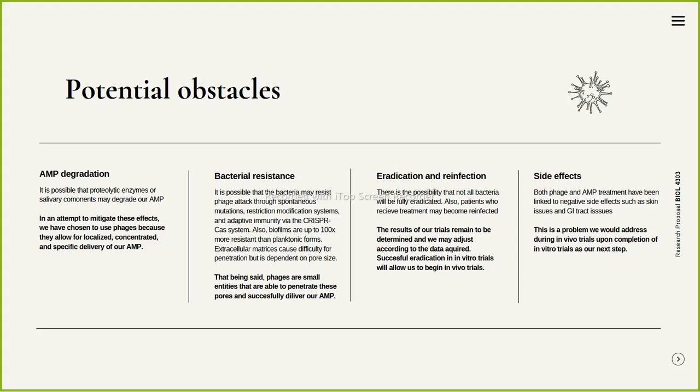Things that can go wrong are incorrect folding of the peptide. There could be different proteins that you need to post-translationally modify or actually synthesize the peptides that aren't available within bacteria.